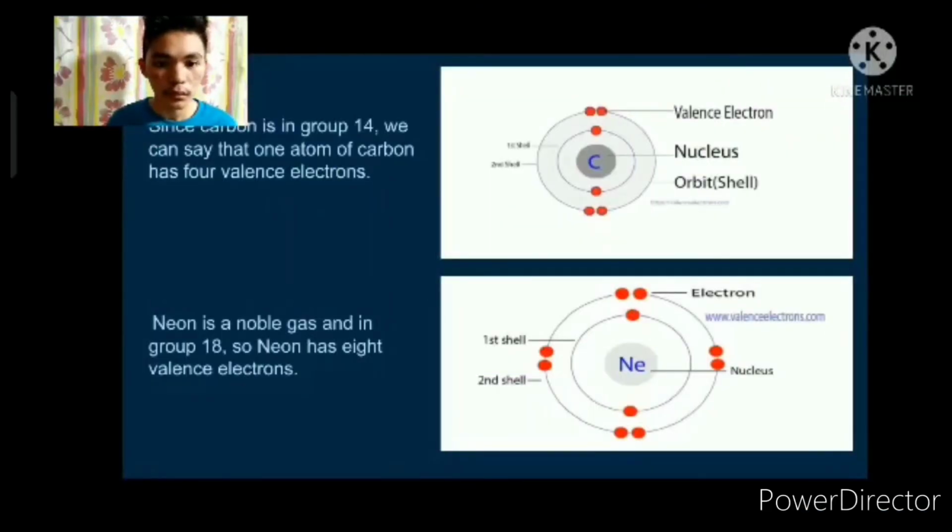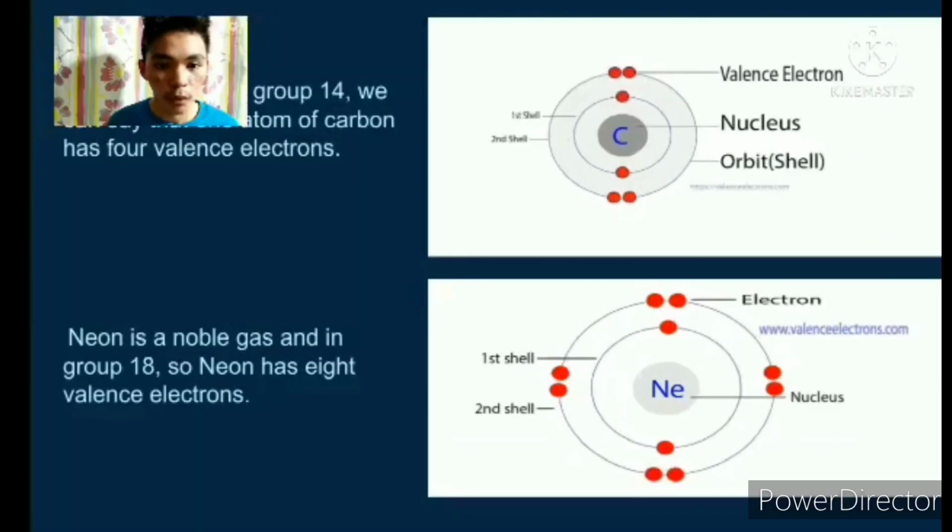Example: since carbon is in group 14, we can say that carbon has 4 valence electrons, and neon is a noble gas in group 18, so neon has 8 valence electrons.